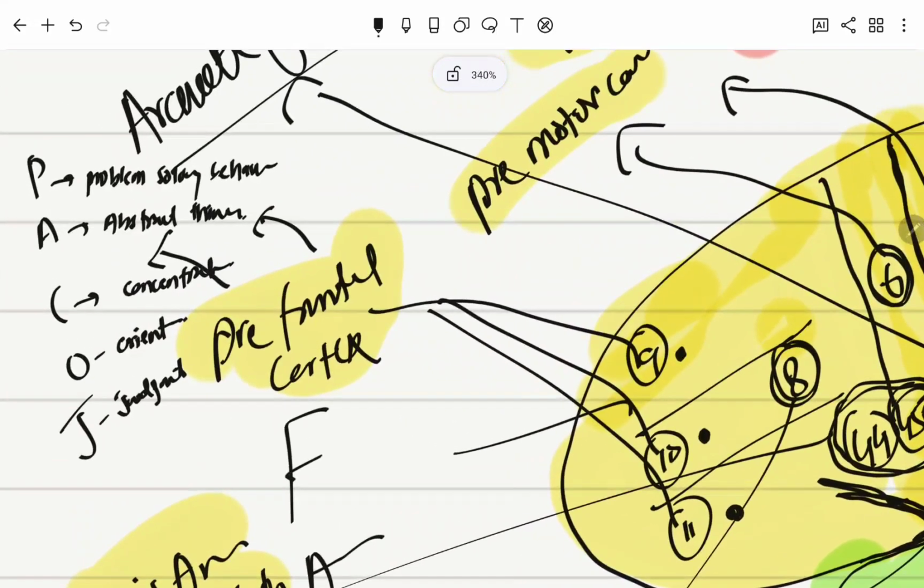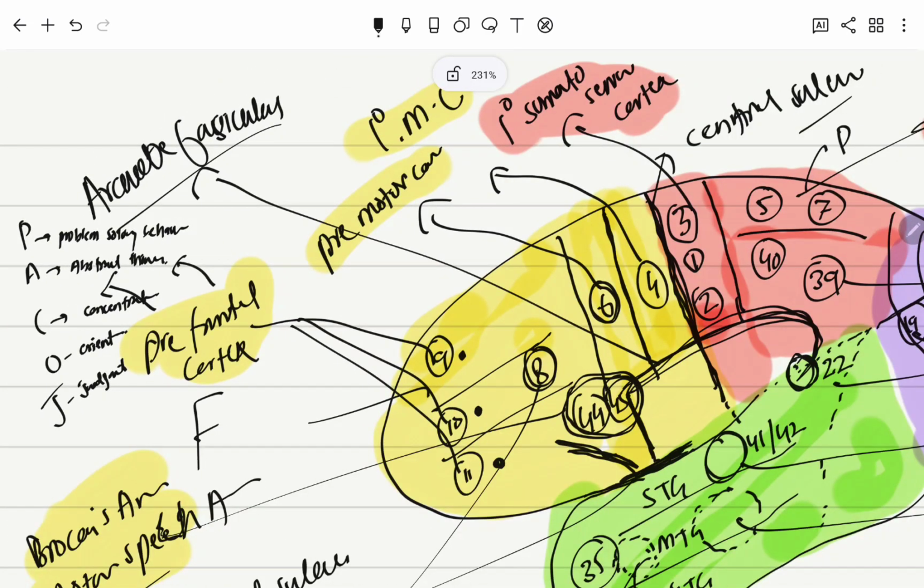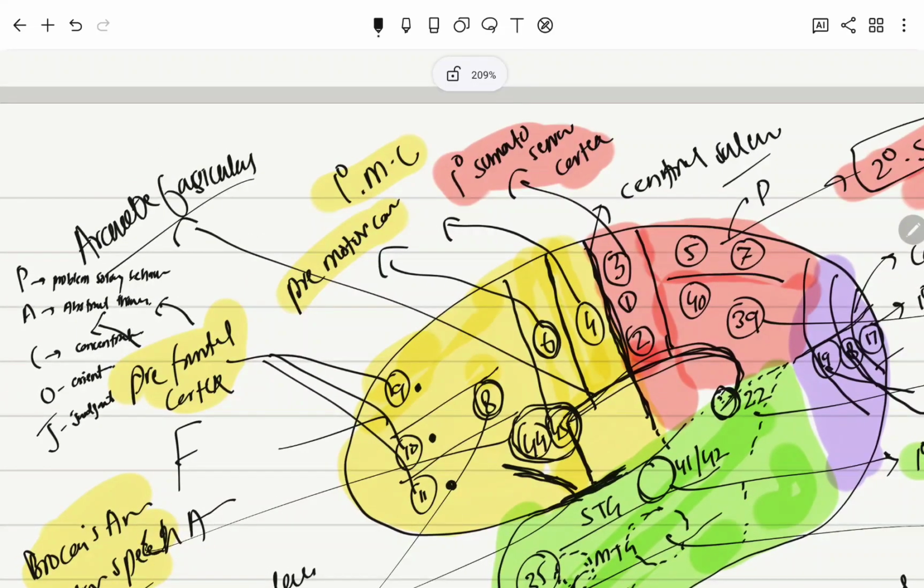Its functions are mainly problem solving behavior, abstract thinking, concentration, orientation, and judgment. And damage to this area is going to cause Finney's gaze syndrome, right?